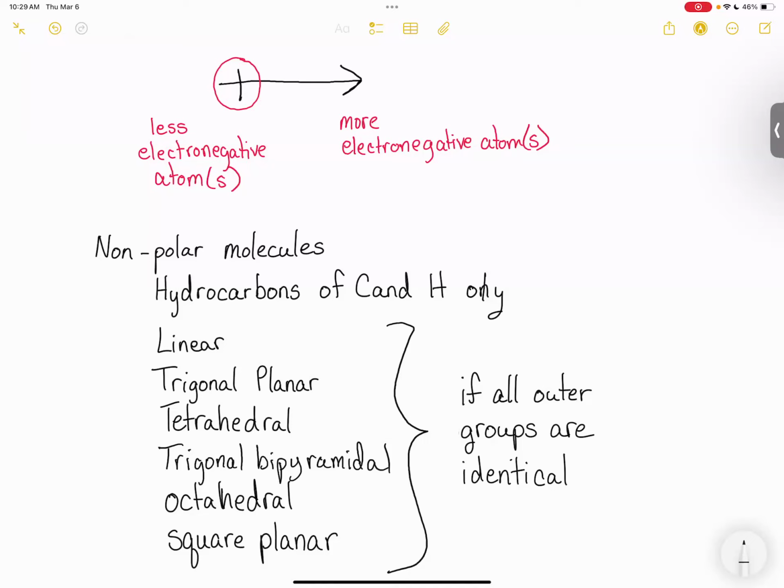So in other words, we're looking at 4 groups. Anytime there are 4 groups, then the electron geometry is tetrahedral.